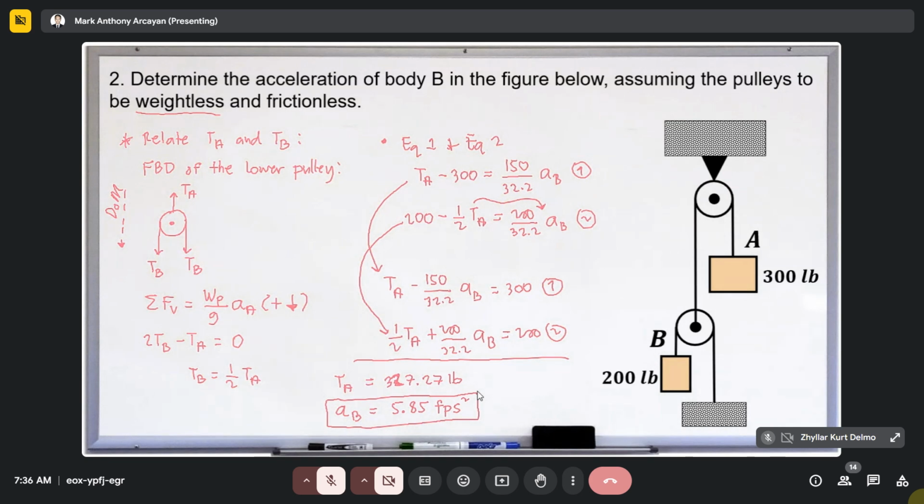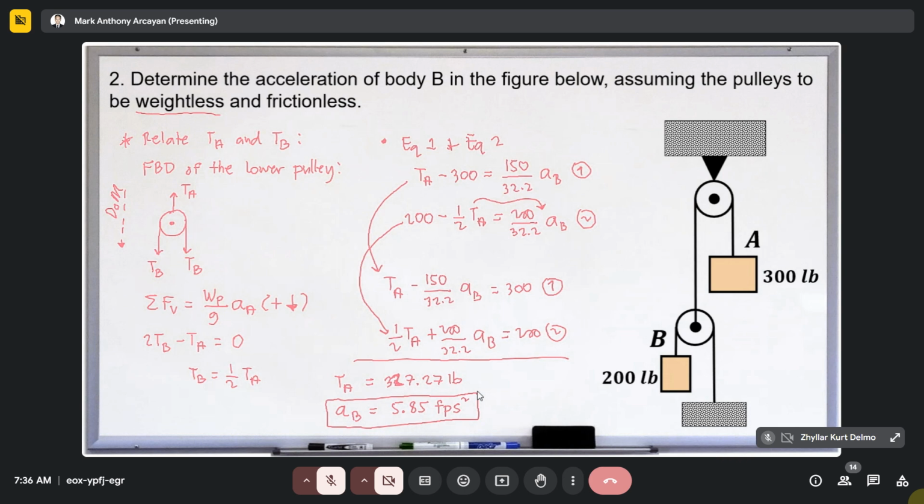Because if we do not use this kind of setup, we will end up pulling this 300-pound block by an amount equal to its weight if we want to have a constant velocity. However, if we try to increase the speed, we need to exert a force which is higher than the weight of block A. But because of this setup, wherein we introduce a secondary pulley in our system, we reduce the effort.